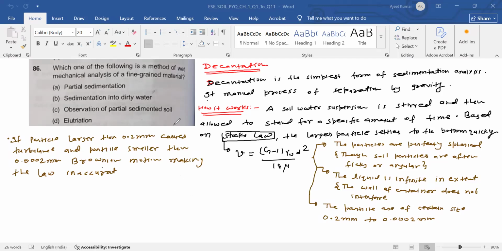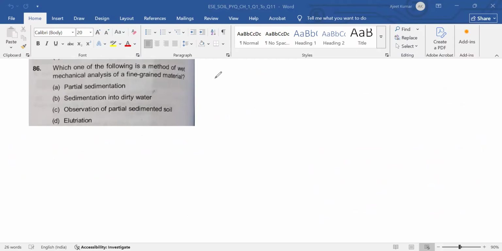So let me explain the action in decantation. So what is the action?